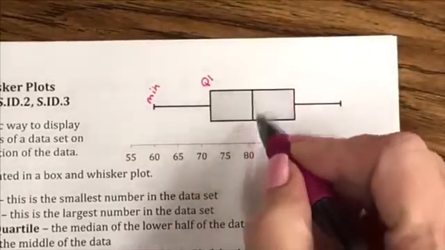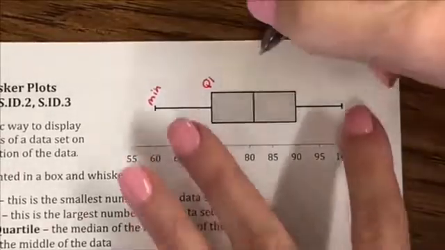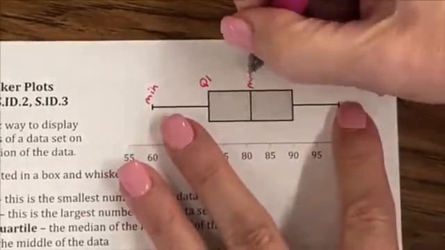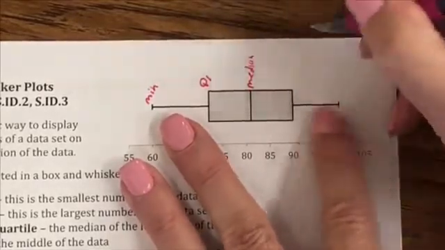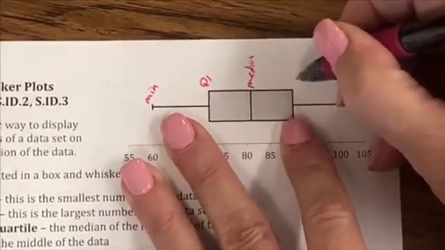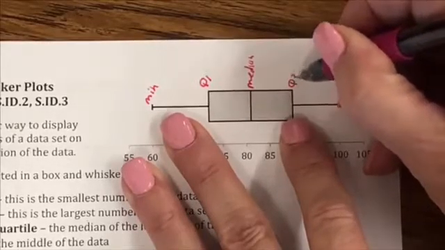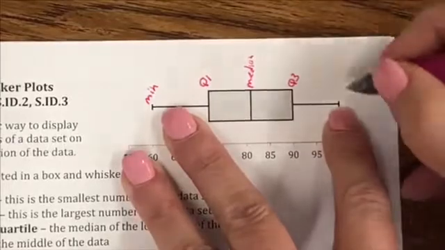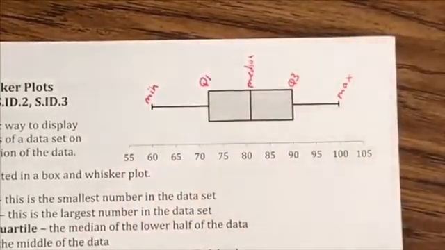The median, or Q2, is right here. We usually just say the median, though. Then the right-hand side of the box is what we call Q3, or the third quartile, or the upper quartile. Then the right-hand side is our max. This is the biggest number in our number set.